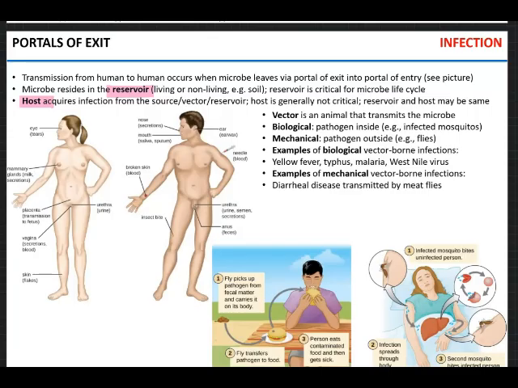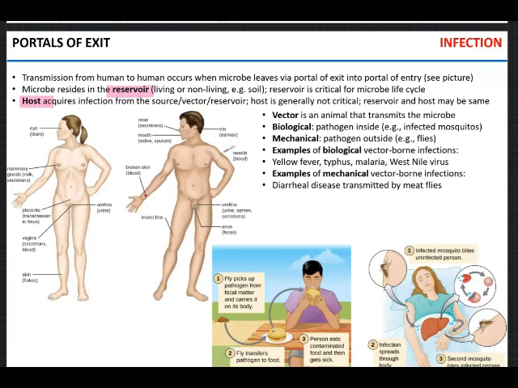So here's an example: rabies. It has multiple reservoirs, such as bats, skunks, opossums, foxes. Some of them get sick and die, some of them don't. Bats do not get sick from rabies, they just carry it around.